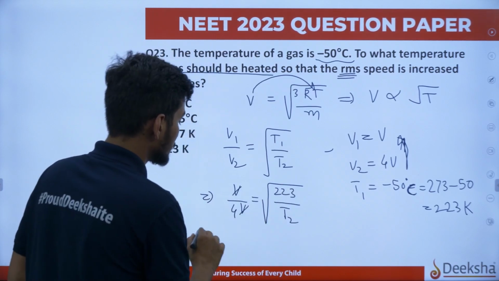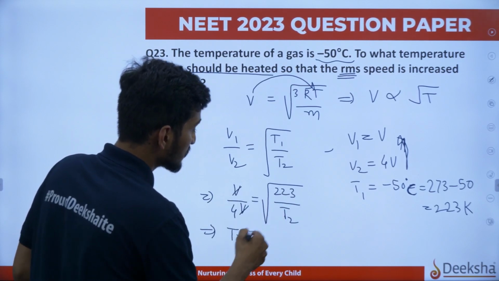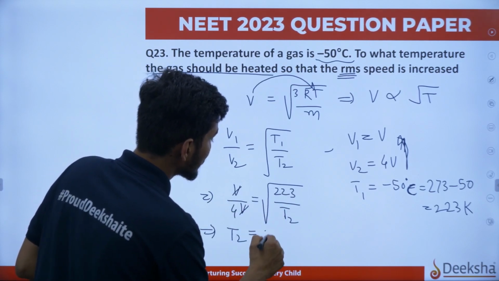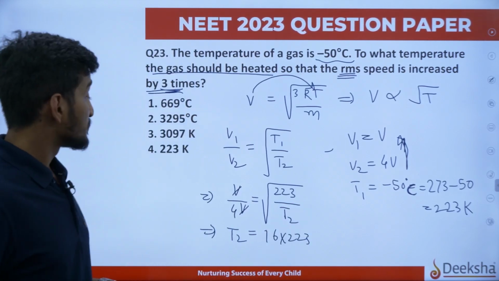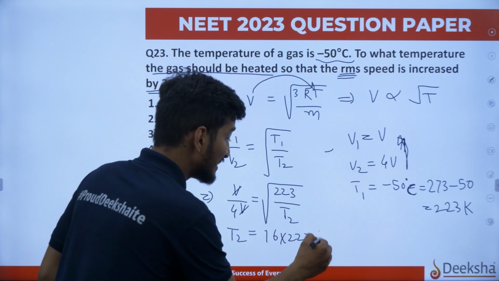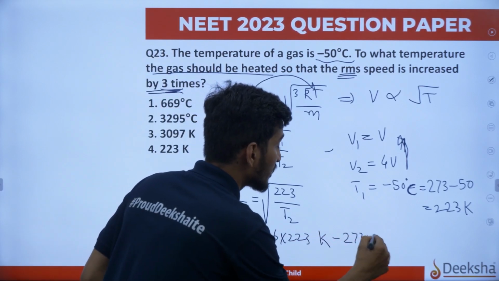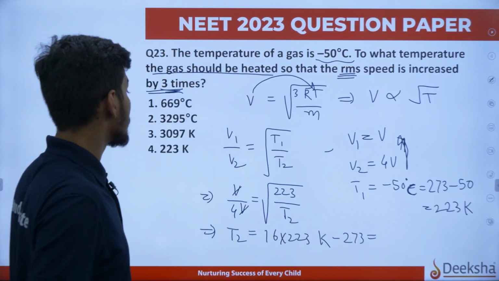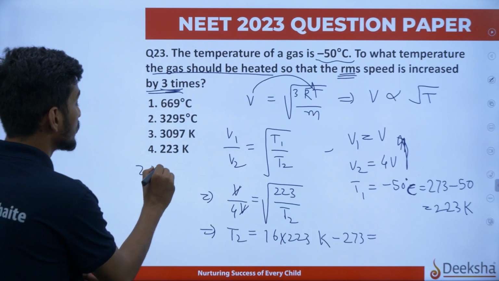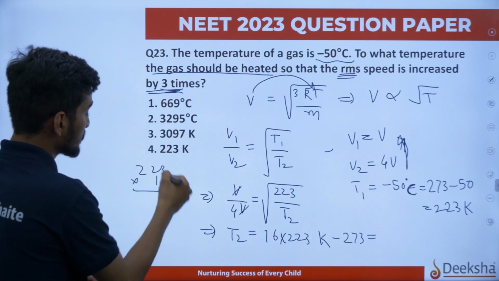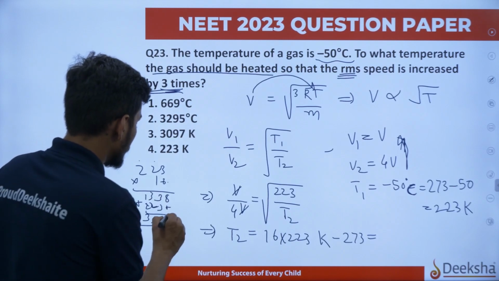Cancel this out. Square this, and you get T2 equal to 16 times 223. Whatever the answer is in Kelvin, subtract 273 from it, and you should get the answer in degrees Celsius. So let's do this multiplication. 223 into 16, 3568 Kelvin.